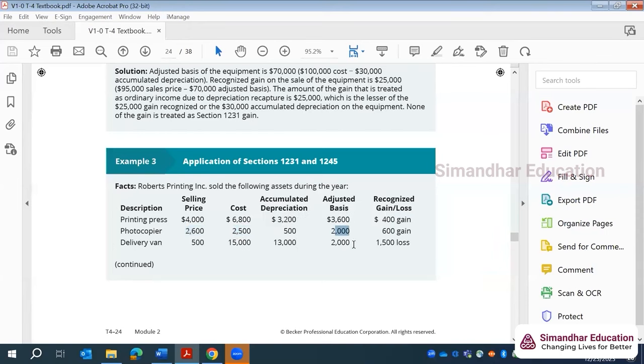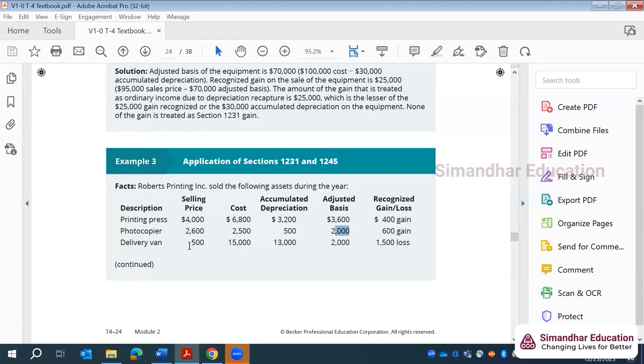So that $100 is going to be my section 1231 gain. And the remaining $500 will be my section 1245 gain. Okay. Are you all with me till the photocopier? Everyone understands? All right. Let's look at the delivery van.